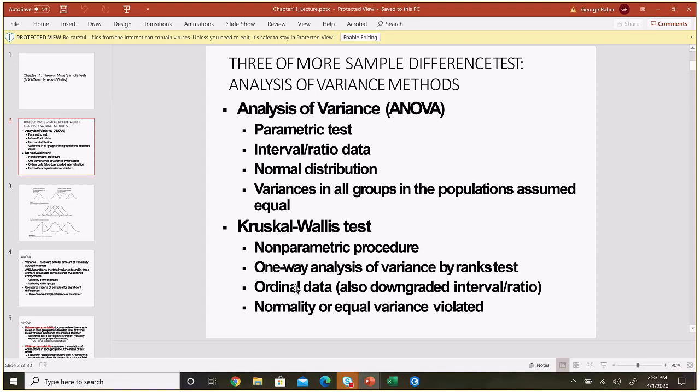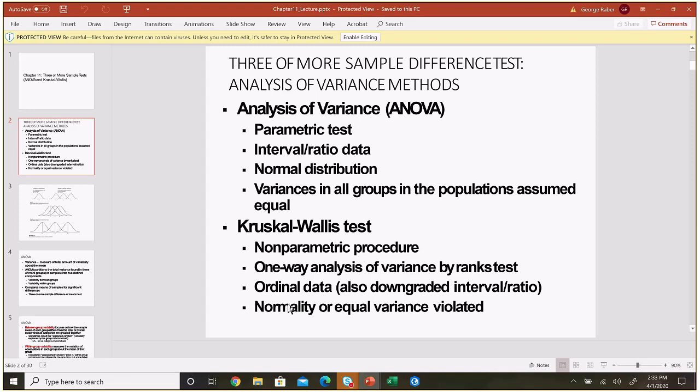Okay, so it's ordinal data, or data downgraded from interval ratio. In most software packages, it'll accept either interval ratio or ordinal data, and it'll take care of it, but it is downgrading it when it does. So this is used when the assumption of normality and even equal variance is violated.